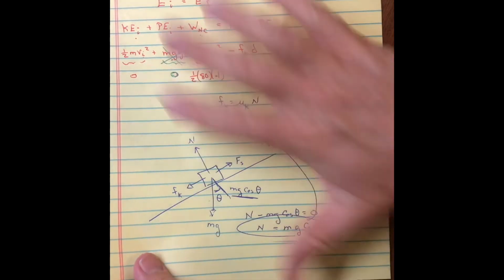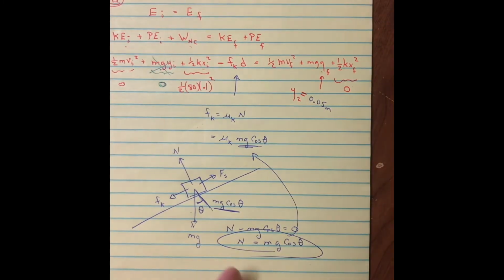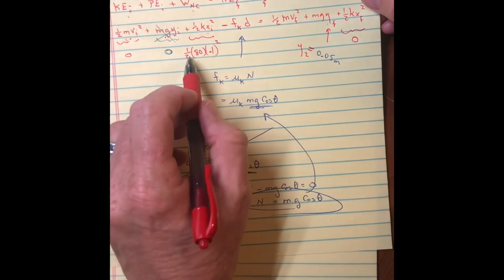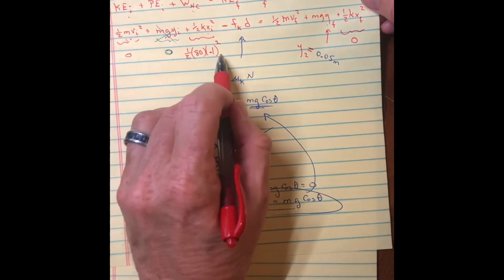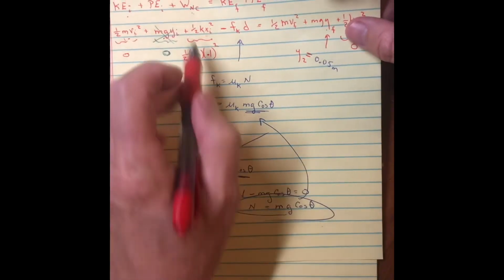All right, well, we've done a lot here, and we got a lot more to do. Let me go ahead and kind of summarize and clean up all this that we've done so far. So the first two terms are 0, and then we get this 1/2 80 times 0.1 squared, which is part A calculation. So this is 0.4 joules there.